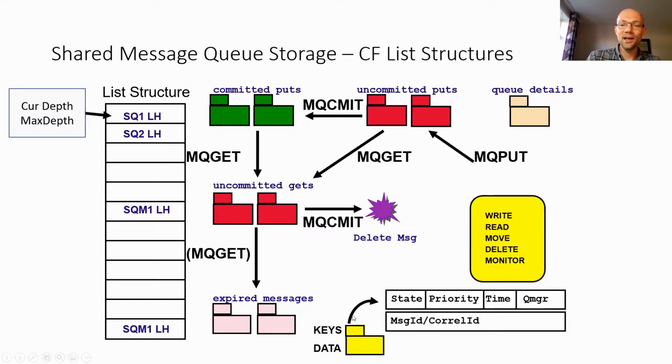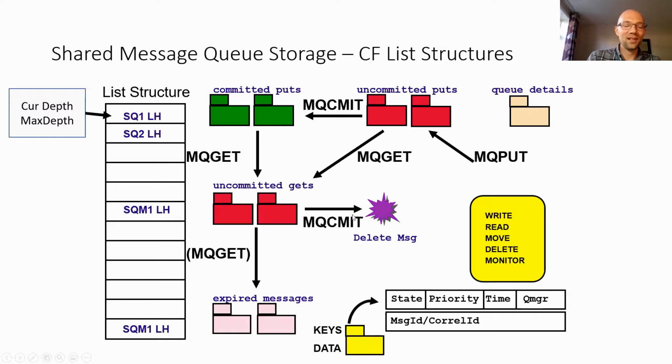So the message key will contain the state, whether it's committed or uncommitted. It will contain the priority of the message at the time that it was put and the queue manager that put it. So you can see that by using that key, we can order that queue. Just by ordering the keys in ascending order, we can have the messages on that queue ordered in the time that they were put and in priority order.